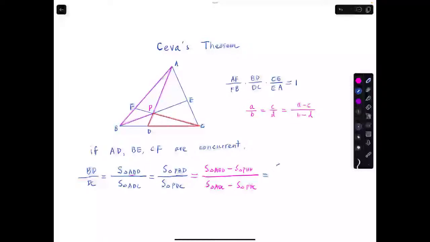That's going to be the triangle ABP, all right? And the difference here in the denominator, ADC minus PDC, which is this big one minus the smaller one. So the difference would be this one, all right? So in other words, here we're going to have the area of ACP. Okay, so that's good.